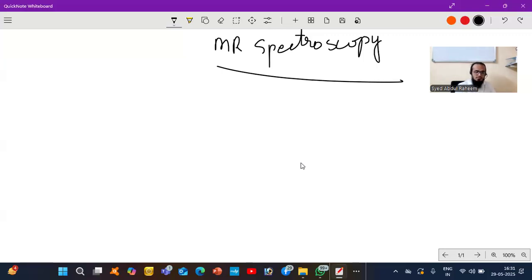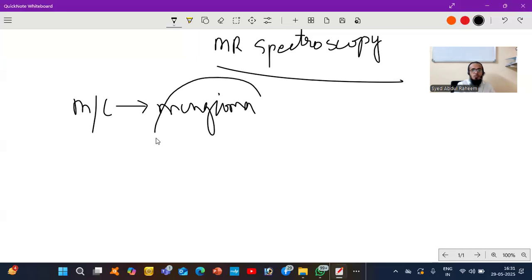So the most common brain tumor in adults is benign, that is meningioma. Where does meningioma occur? It occurs in the meninges.